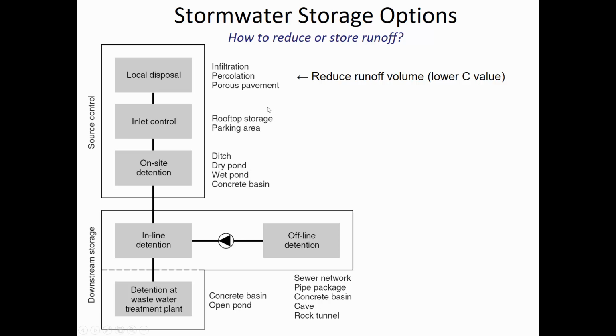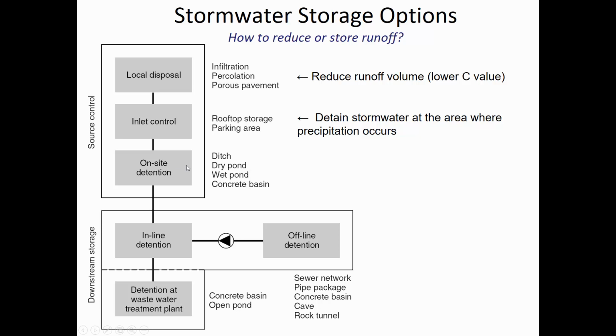So that's not as preferred as local disposal because it's just local storage. Disposal is actually eliminating the problem because it's infiltrating the water into the soil. Inlet control is slowing it down, but the water eventually will be discharged. So it's increasing the amounts, but it's still a great step in the right direction. So that may be just any sort of measure that detains water temporarily.